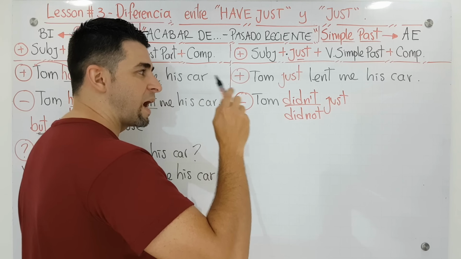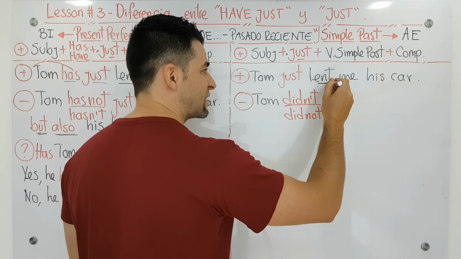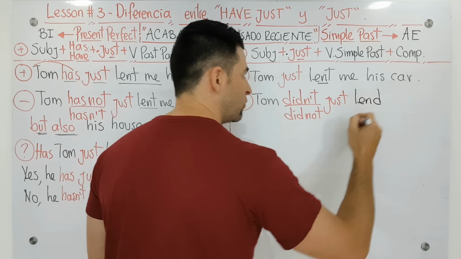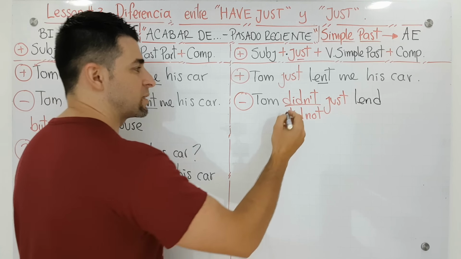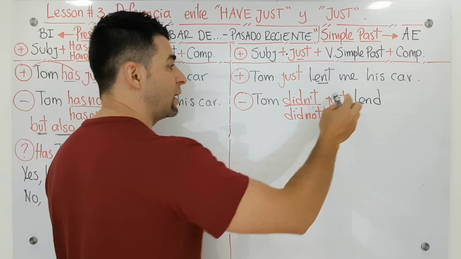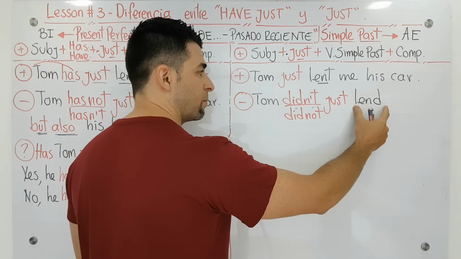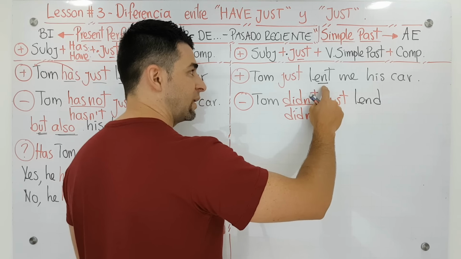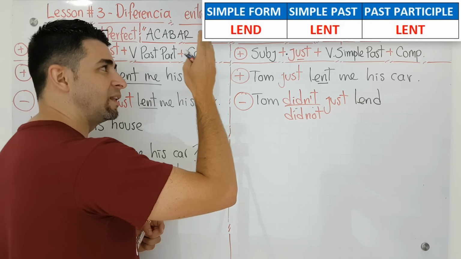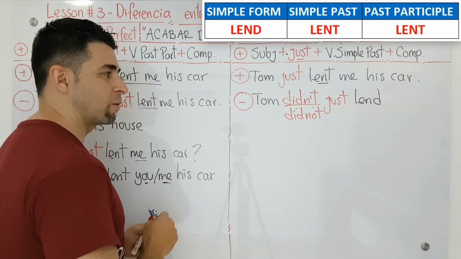Mucha atención. Aquí ya no podríamos trabajar este lent, sino que tendríamos que trabajar el verbo en su forma base. ¿Por qué? Porque estamos trabajando con auxiliares. Y recuerden que cuando está el auxiliar presente, el verbo tiene que ir en su forma base. Entonces, mucho cuidado con este lent. Nos fijamos muy bien en la lista. Utilizamos lend, ¿sí? En simple form, la forma simple.